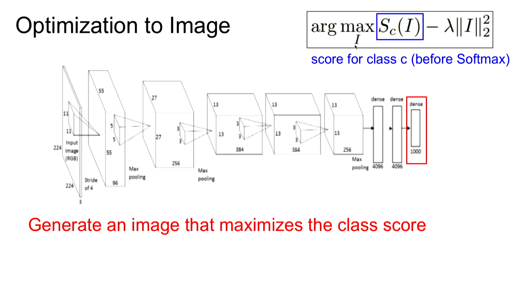So we maximize over I the score, and it's argmax, meaning we maximize and then remember what the image was that caused the maximum. And then there's a regularizer here which says that the image shouldn't be too large, because in a network that just has ReLUs plus linear layers, basically the output intensity can be unbounded.